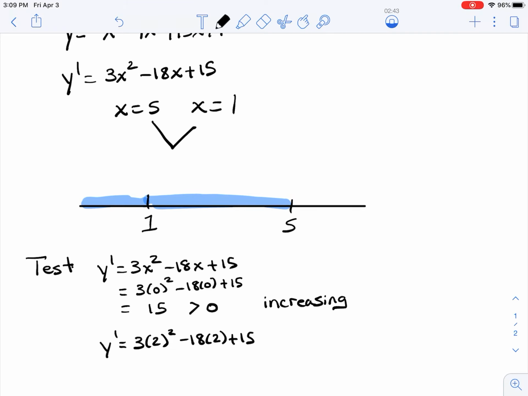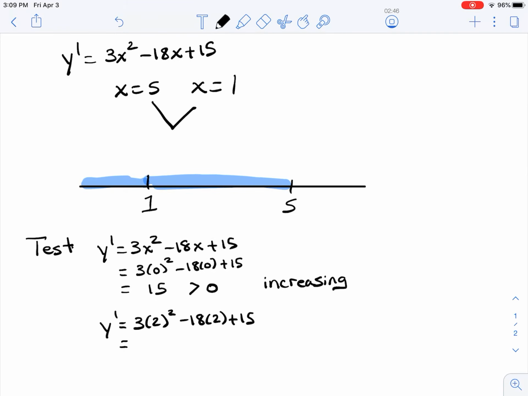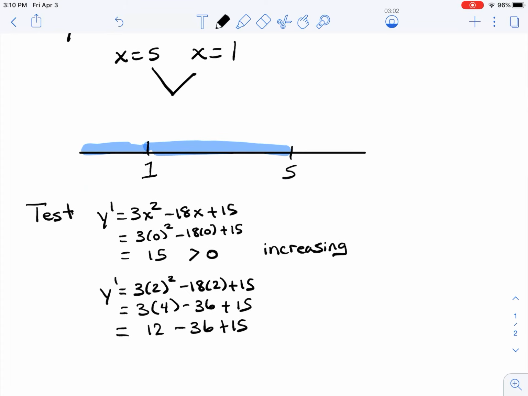Well, you do want to solve it because you want to get an accurate reading, but you basically want to know when you sub in that value that you picked, is the result going to be greater than or equal to 0? I can see in this case I don't even need to figure it out because I can already tell that this is going to be less than 0. So if it's less than 0, the function is going to be decreasing between 1 and 5.